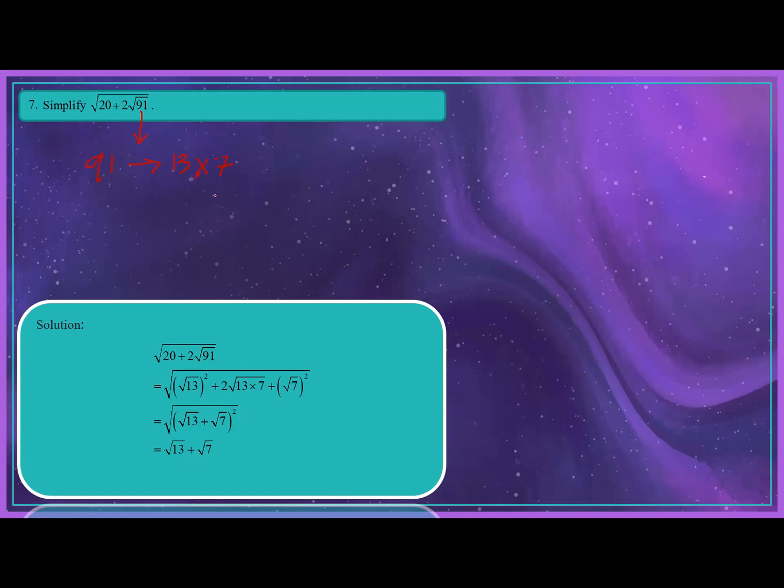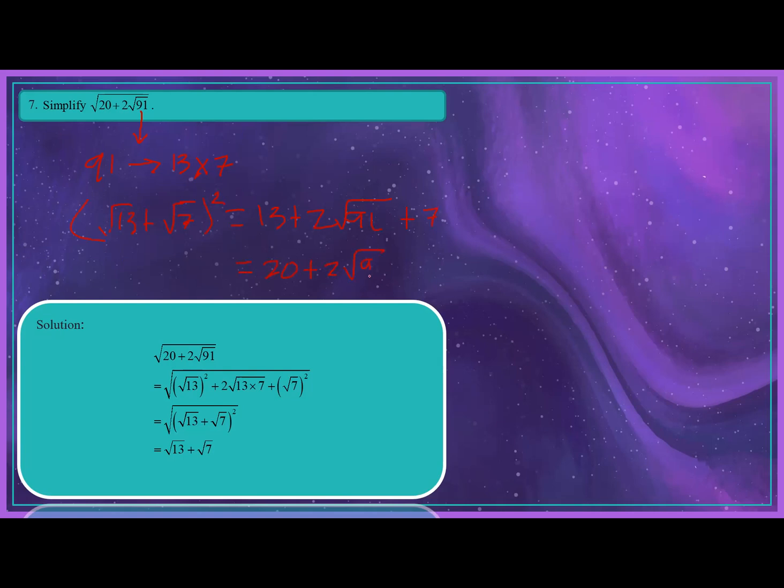You already have a hint that the numbers used here are 13 and 7. So the first thing you would do is square root of 13 plus square root of 7. You square that, you have 13 plus 2 square root of 13 times 7, that's 91, plus 7.